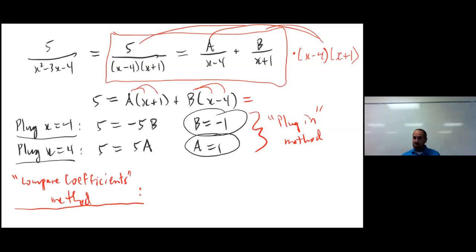It would be ax plus bx, right? And I could factor x out, so what would that be? A plus b times x, correct? And what would I have as the constant term? That's like the x term, but there's also a constant term here. What would the constant term be? A minus 4b, see what I'm saying?